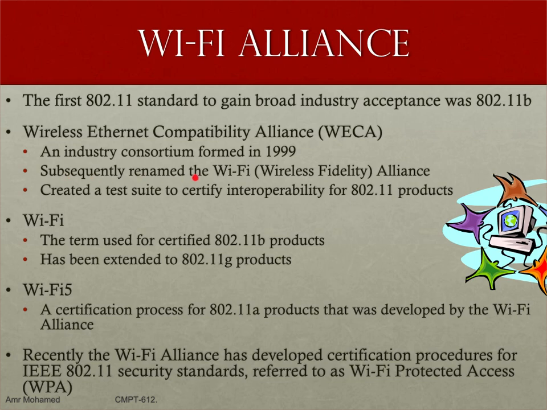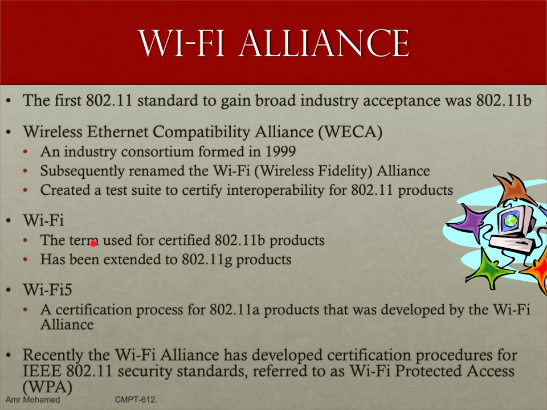Later on, it was renamed to Wi-Fi. Before it was called WECA, and after that they named it Wi-Fi. So the Wi-Fi Alliance started to form all types of standards for 802.11: there's b, there's g, there's a, there's p, there's ac, there's i, and the list goes on.